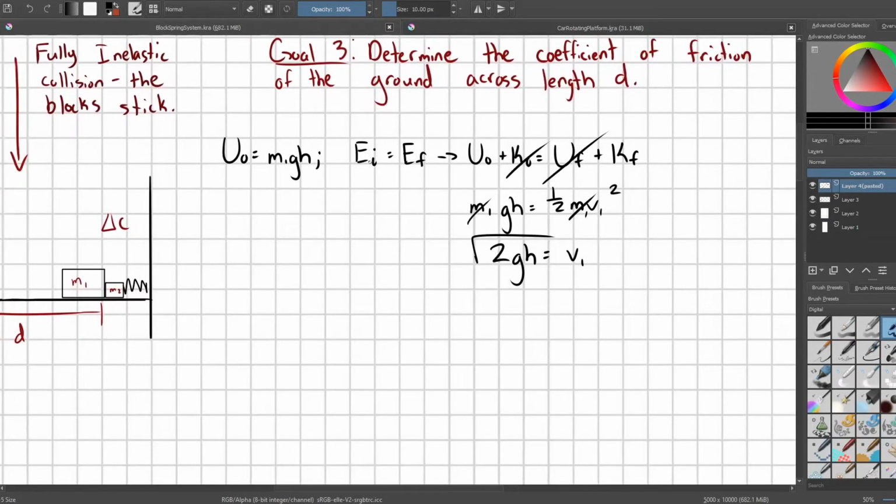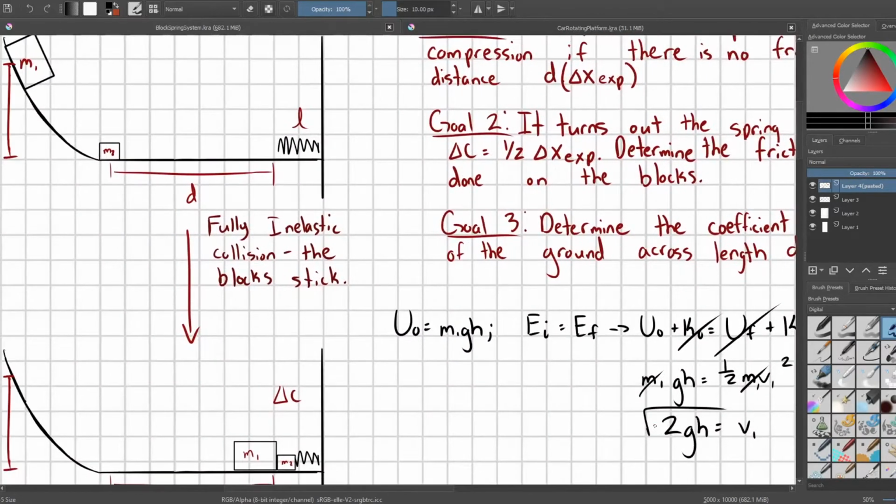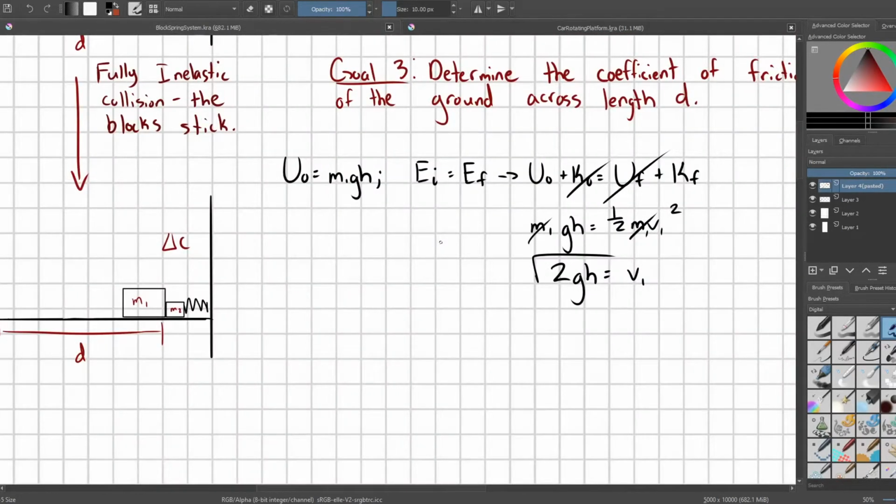Now, naturally, this is going to collide with block M2, so this entire system is going to slow down a little bit, and we can use the conservation of momentum to figure out the new velocity of the block system.